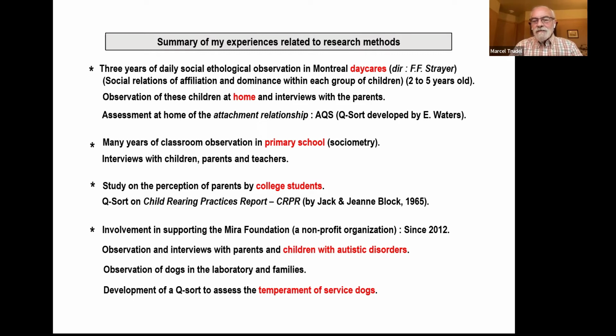This time, the Mira Foundation trains dogs, their own dogs, over 100 per year. They started 40 years ago to train dogs for blind people, blind adults. And after, they adopted little changes for dogs for handicapped people, physical handicap.